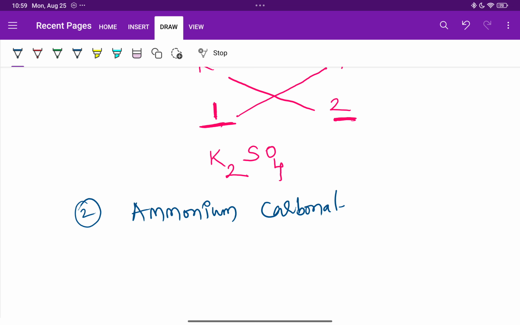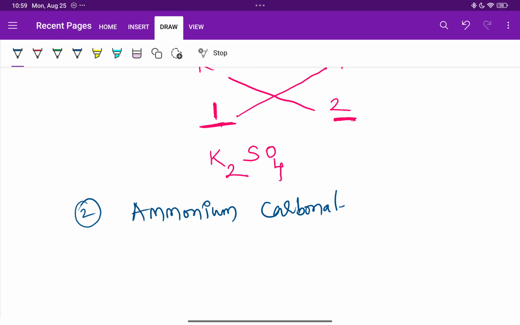So divide the name into two halves. First half generally cation, so it is NH4 plus 1, carbonate CO3 minus 2. So in the ammonium the charge is +1, just you write 1, and in the carbonate the charge is -2, just you write 2. Then you have to interchange the charges.